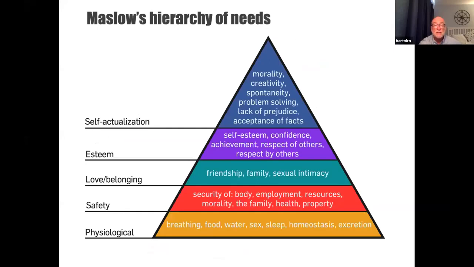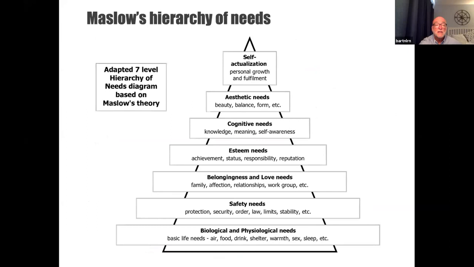I won't get into this, but you may have studied Maslow's hierarchy of needs. He had five basic hierarchical needs, but before he died, he actually added two more. Look at the one that's almost at the top there, aesthetics: we as human beings like things that are pretty, things that have balance, things that have nice forms.